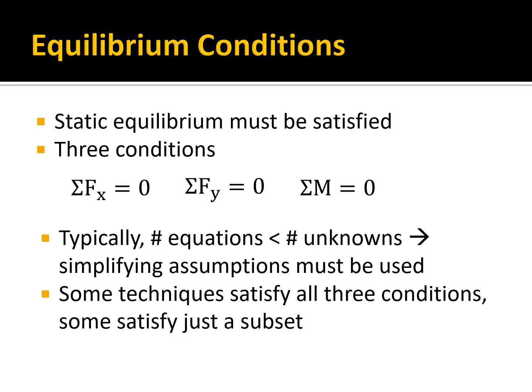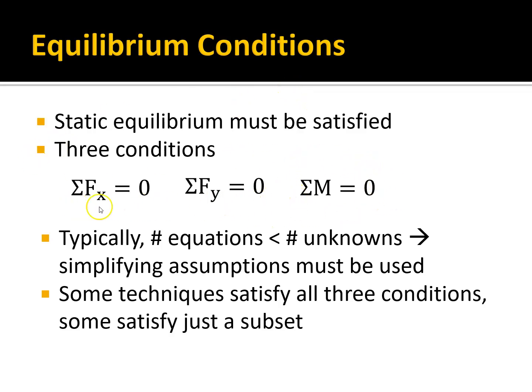Therefore, if the number of equations is less than the number of unknowns, we have to apply some simplifying assumptions. There are certain techniques, which we'll see a little later in some of our videos, that satisfy all 3 conditions, and some satisfy just a subset. For example, some limit equilibrium methods only satisfy moment equilibrium.